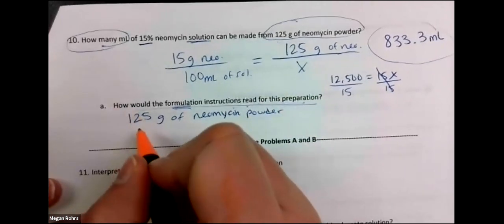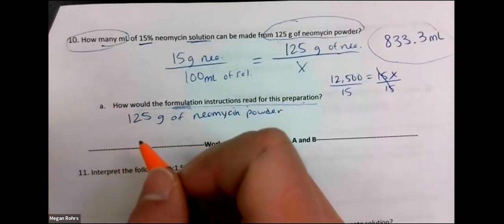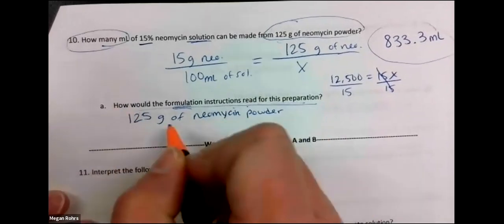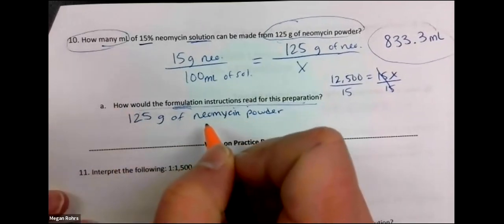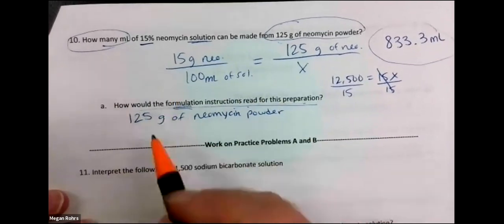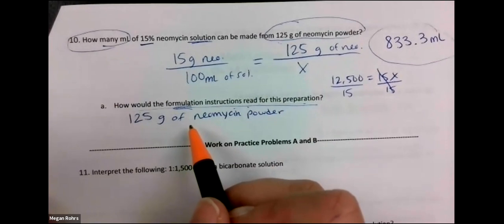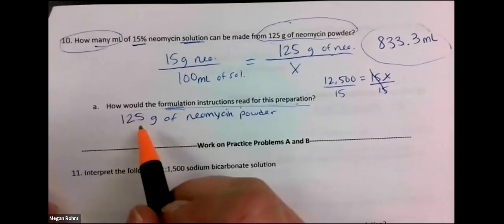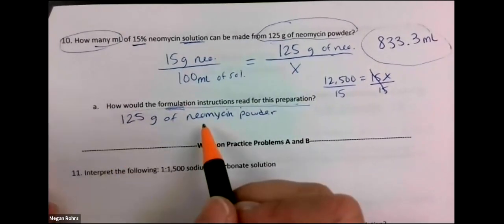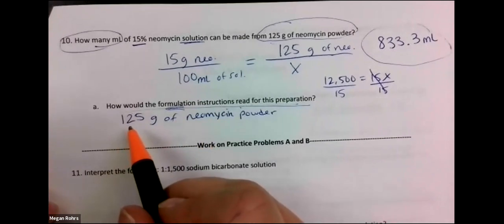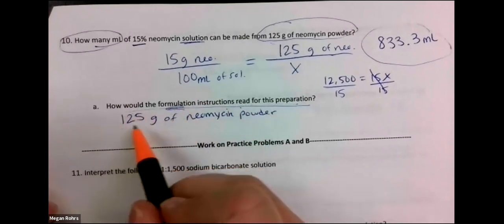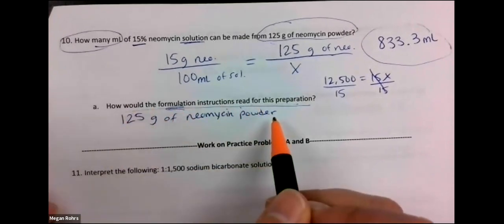Now, I'm going to talk about this concept here. Anytime you have a powder and you are dissolving that with a diluent, this powder is going to take up space of its own, okay? It's going to dissolve and it's going to become a volume. Now, we cannot specify for sure how many milliliters this powder is going to take up.